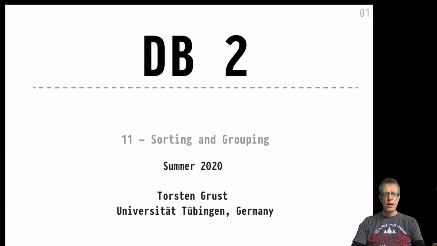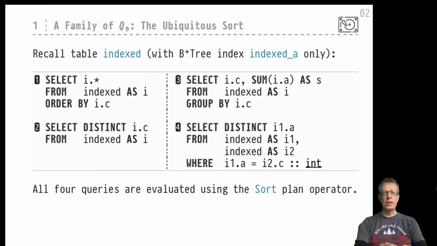Let's first remind ourselves what a central role, how important sorting can be in the evaluation of relational queries, of SQL queries. Actually, we could pick a lot of queries that show that sorting plays a central role in query evaluation.